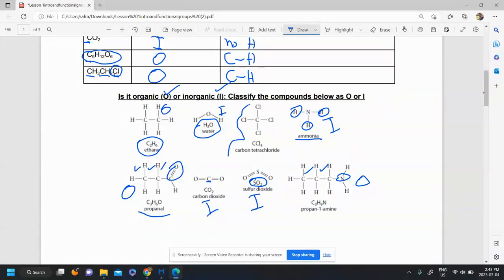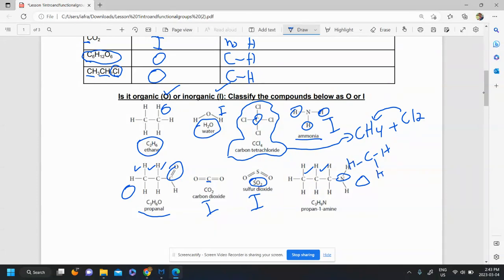This one here is a bit trickier. This does have C, but no H. I'm just going to give a little aside here. This is actually made by taking CH4, which is organic, and making it react with Cl2. What you do is you basically remove each of the H's and replace them with Cl's to get CCl4.